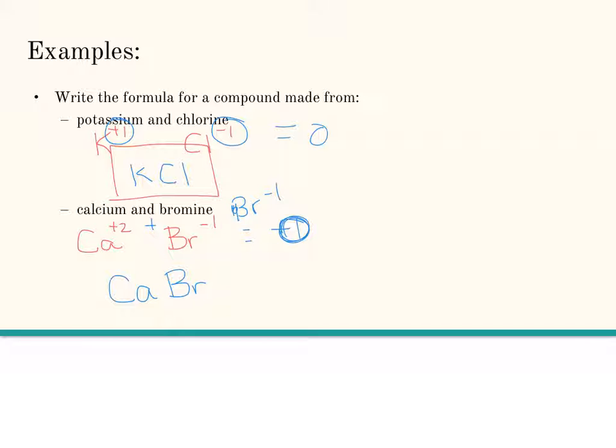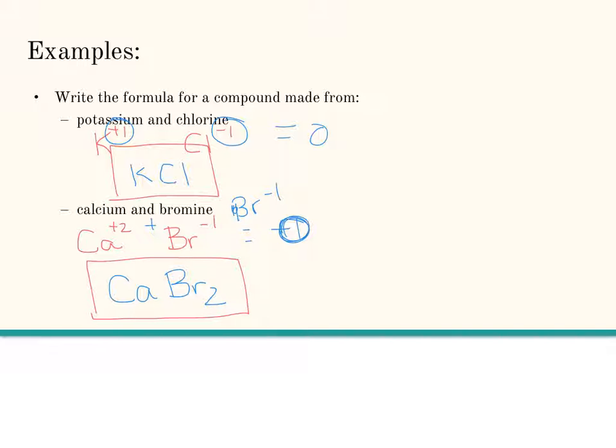To show that in a chemical formula, I'm going to add what's known as a subscript. A subscript sits below the element symbol and indicates how many atoms of that particular atom there are. So it indicates the number of atoms in that compound. So for every 1 calcium I have, I need 2 bromines to get a neutral compound.